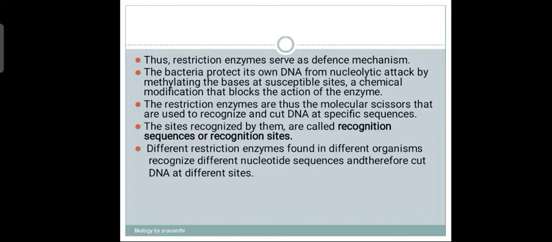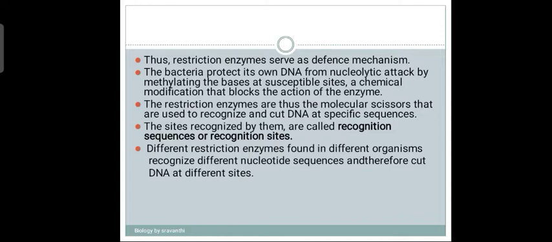Cutting is done with the help of scissors. That's why restriction endonucleases, or restriction enzymes, are called molecular scissors, and they are used to recognize and cut the DNA at a specific site. That specific site is called the recognition sequence or recognition site.